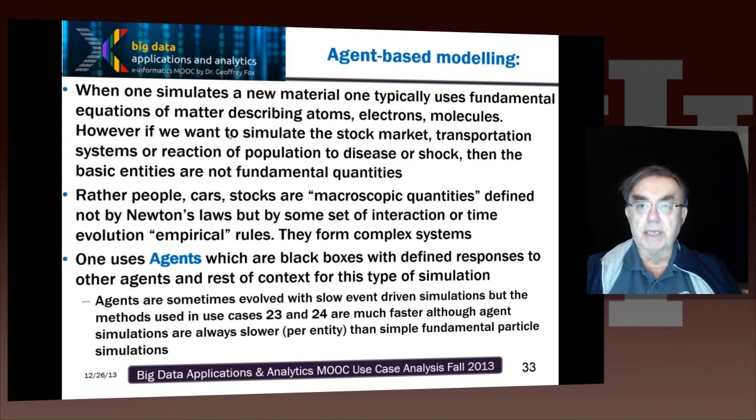And so agent-based modeling is very important. It's been used for many years by the Department of Defense with a technology called HLA or DIS, which is used to do their simulations, and use cases 23 and 24 on spreading a disease and reaction of people to scenarios.